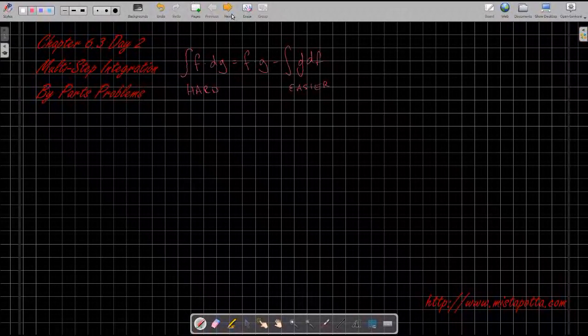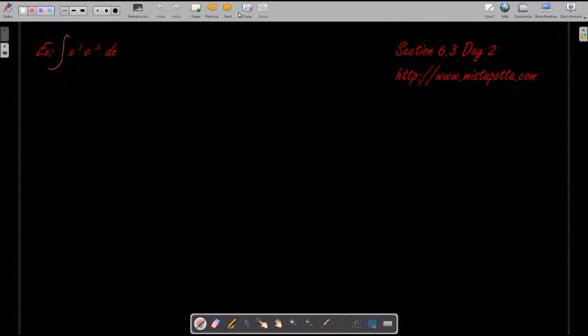So our first example is the antiderivative of x cubed e to the 2x dx. Now, we also mentioned in our last episode that I can use LIATE to help me determine my f.